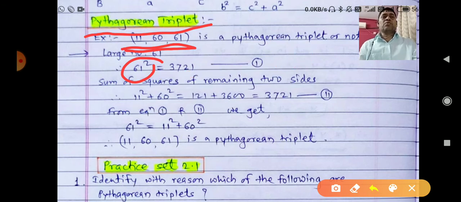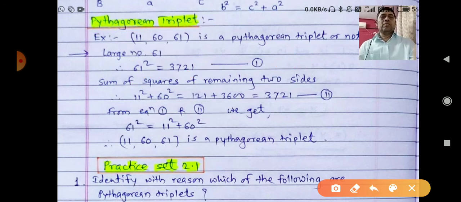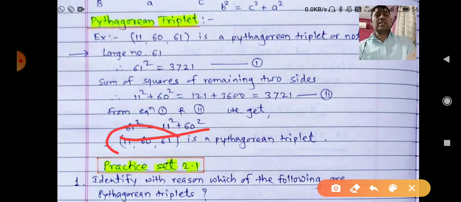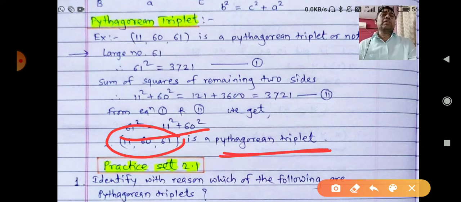Equations first and second are both equal, meaning 61 square is equal to 11 square plus 60 square. By that we say that 11, 60 and 61 is a Pythagorean triplet. In this way we learn about Pythagorean triplets.